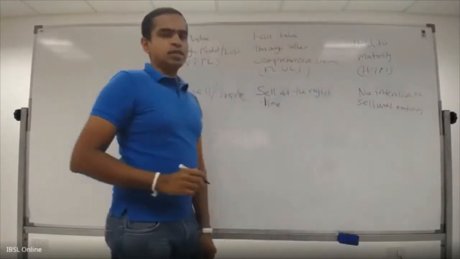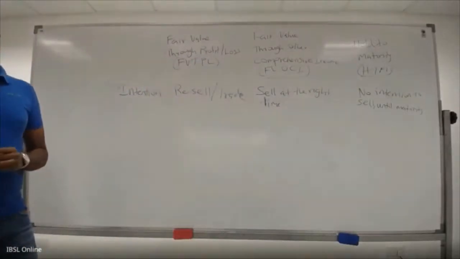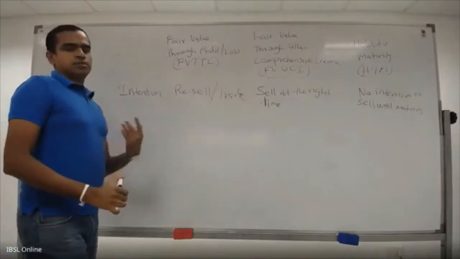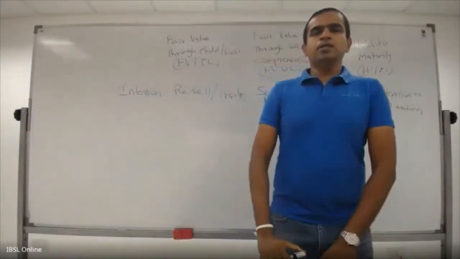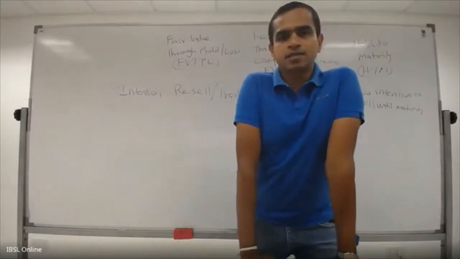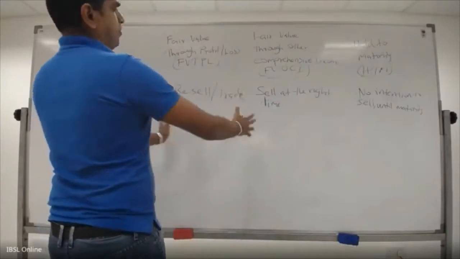No intention to sell until it matures. You hold on to it. But if it's a physical asset, it may be until it expires, right? Something like that. So depending on your intention, your classification can be different.